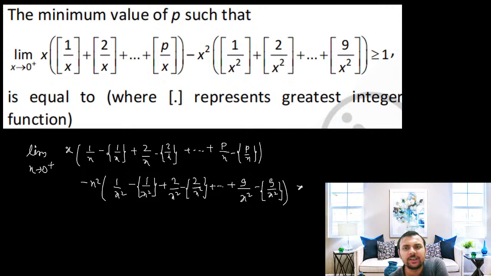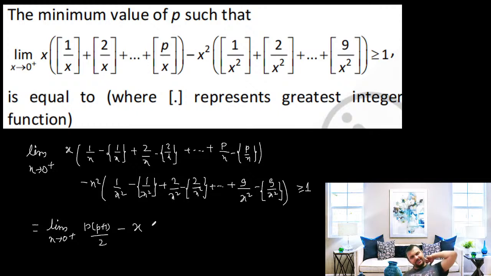We are told that this is bigger than or equal to 1, okay. Now if we sum it, it is nothing but the limit as x tends to 0 plus of p plus 1 by 2, and this is minus x times the greatest integer 1 by x, 2 by x.